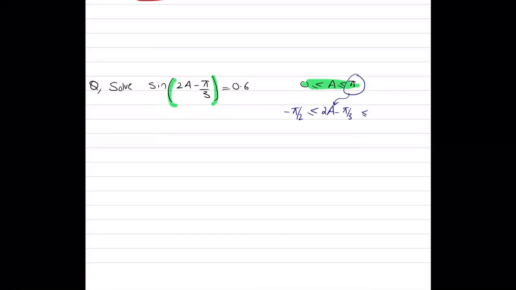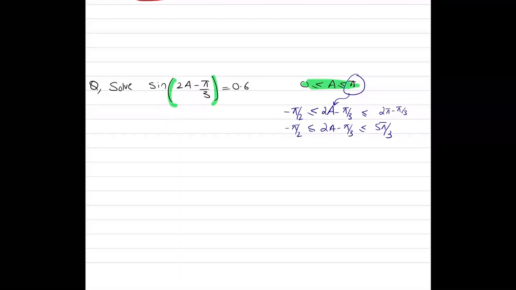So that's going to be 2 pi minus pi by 3, which is 5 pi by 3.